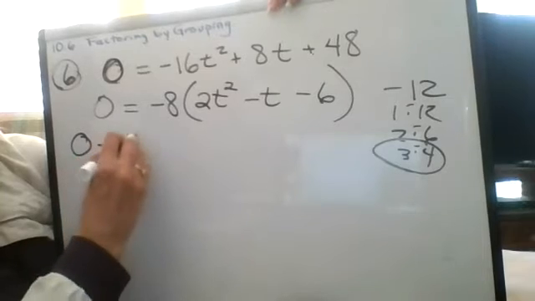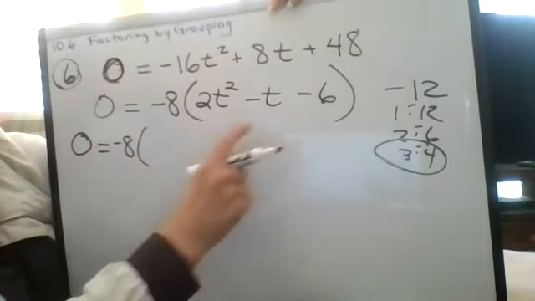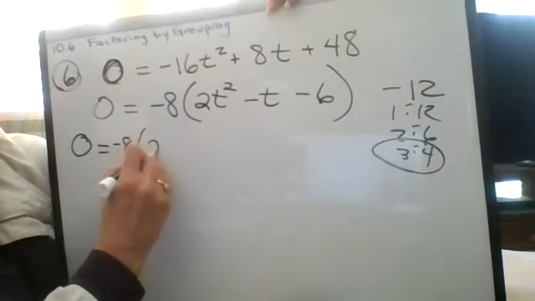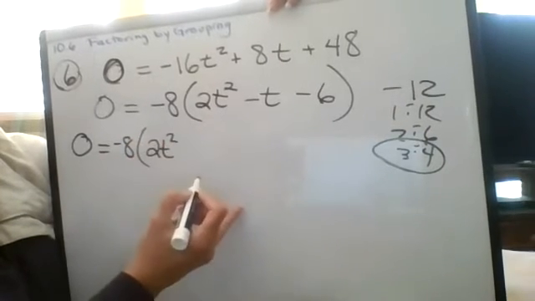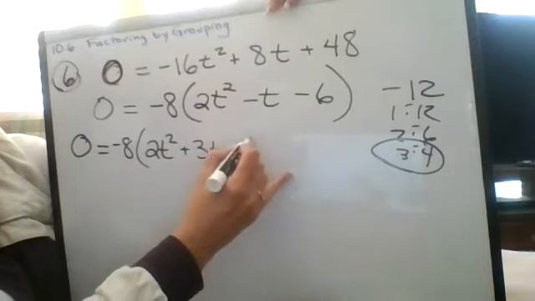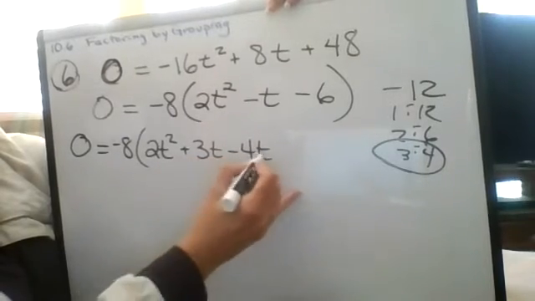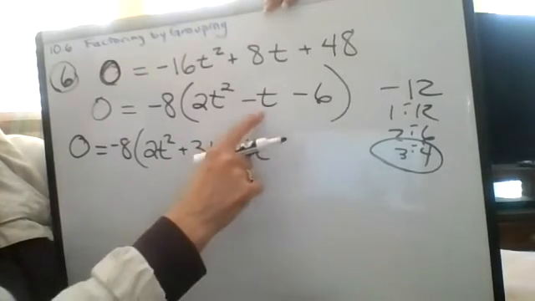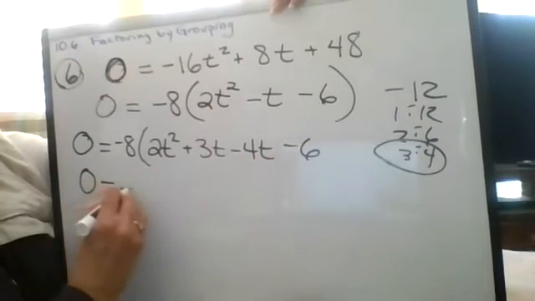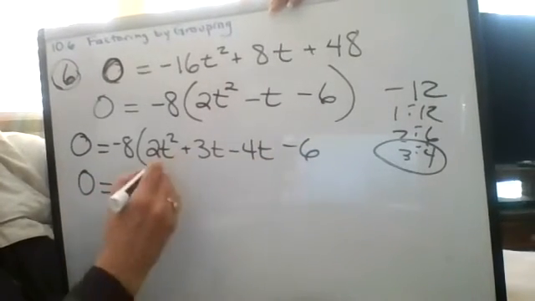So let's factor it by grouping. 0 equals -8 times. I'm going to replace the middle term with this: 2t squared, plus 3t minus 4t. That certainly was -1. It just replaces that. And now I rewrite my -6. Now I've got to factor this.